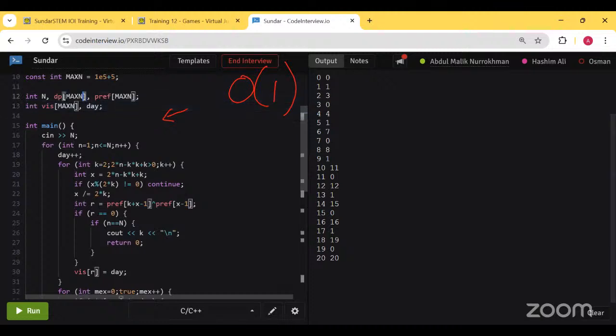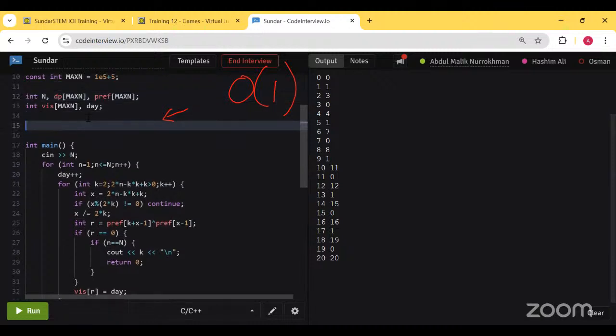What if we want to reset a DP? Do you know how to reset an array of integers in just O(1)? Anyone know the trick? For example, there is an array A. We want to reset this in just O(1) complexity. Any idea?